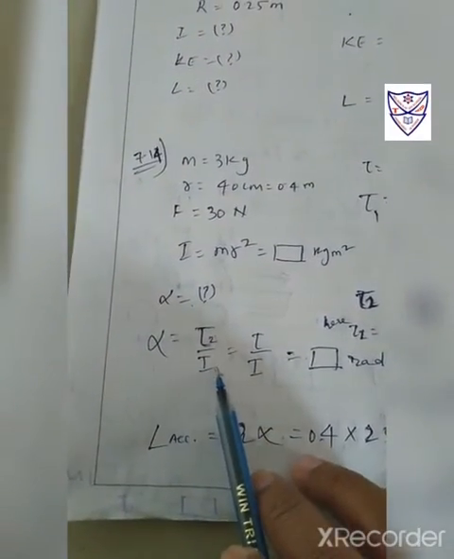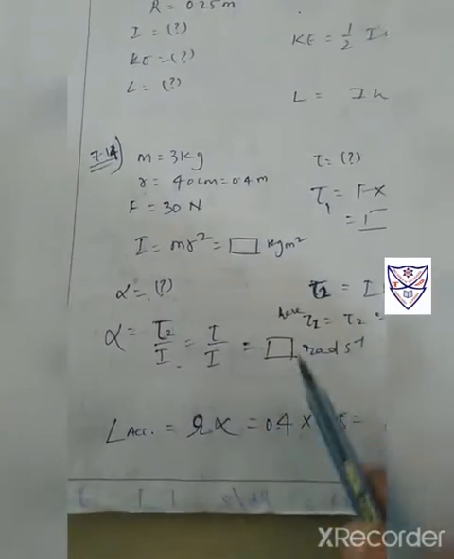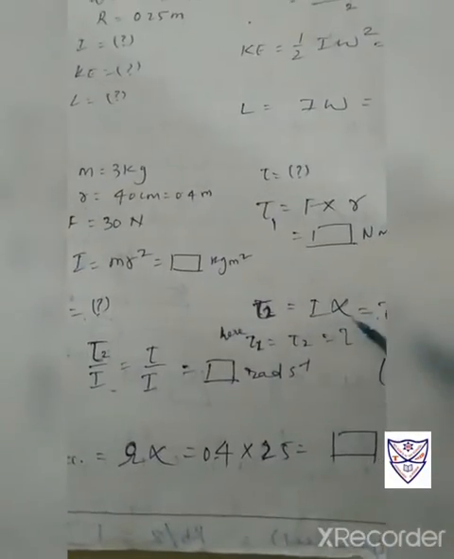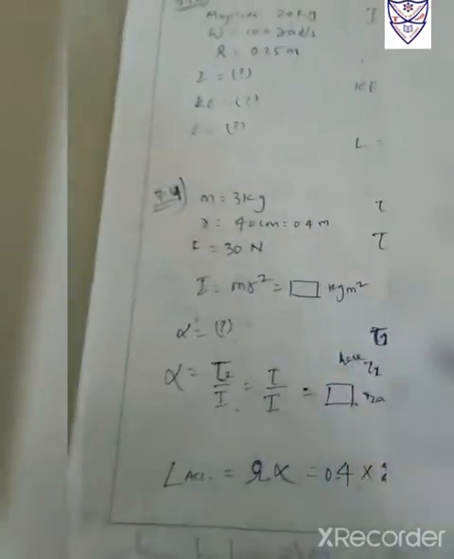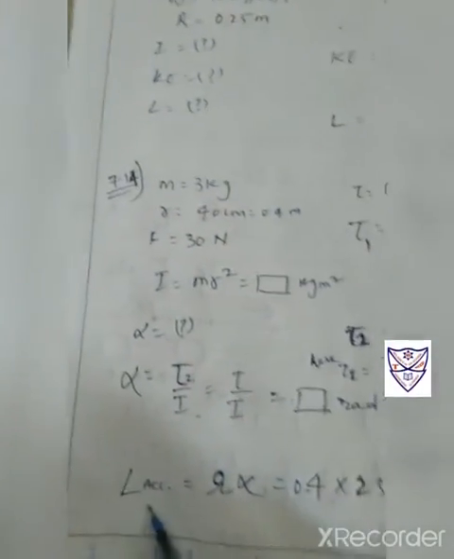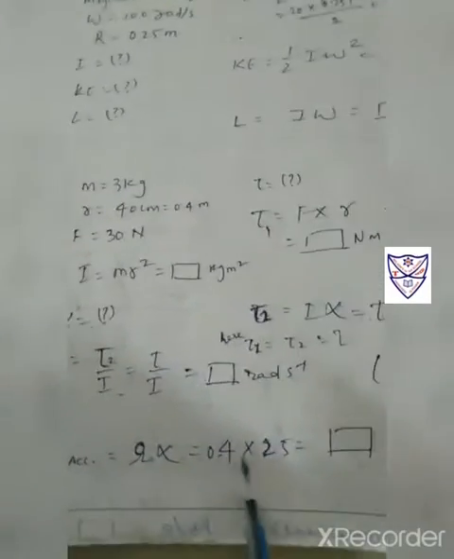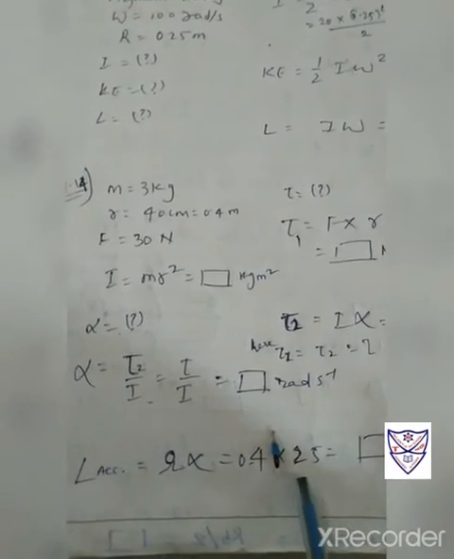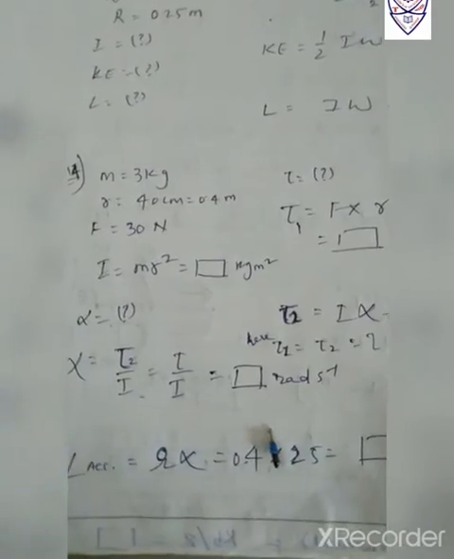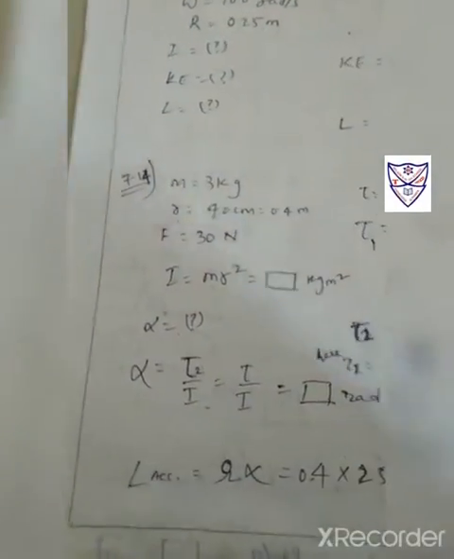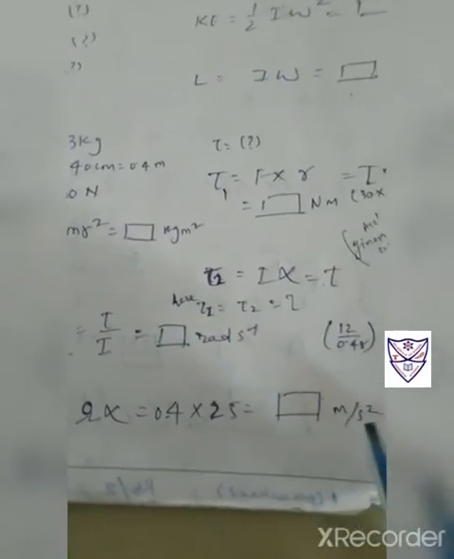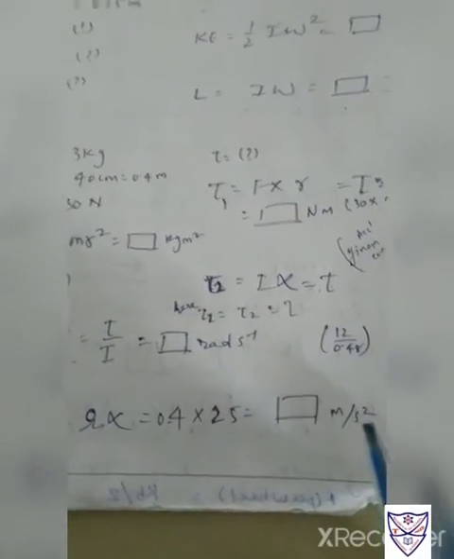So for alpha, I have to find torque 2 upon I, that is torque upon I. So I can find this value, apply it and divide by I, and you will get alpha. Now for linear acceleration, it is R alpha. R you know the value, alpha value you know. So just multiply these two values and you will get the term in meter per second square.